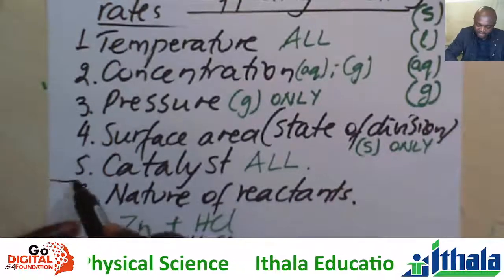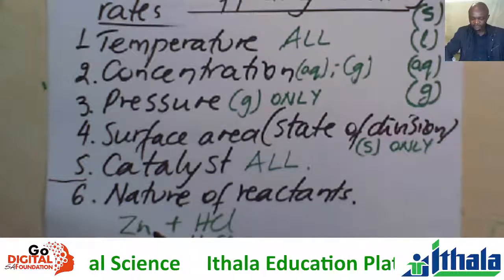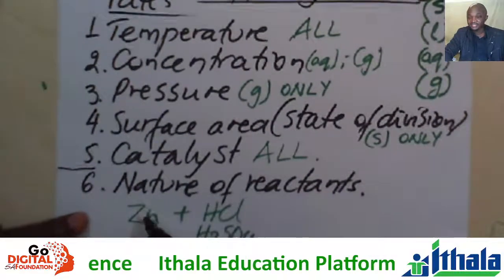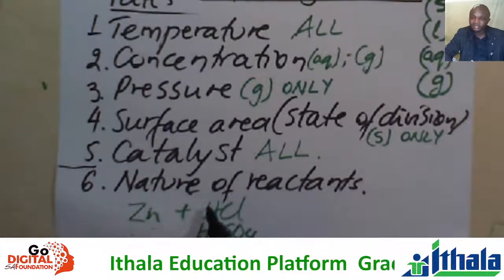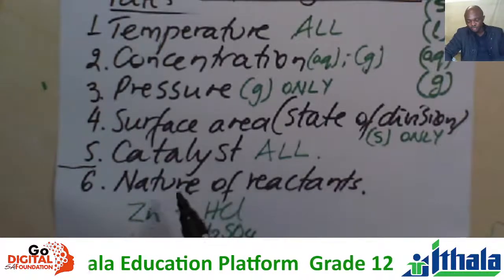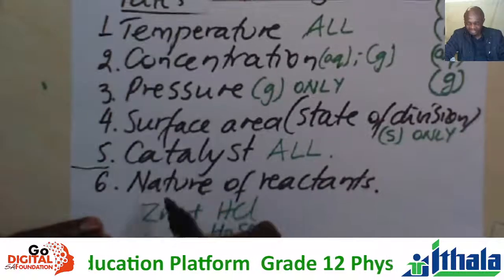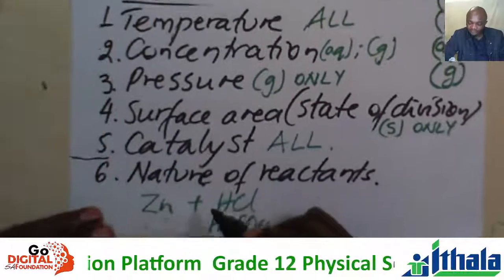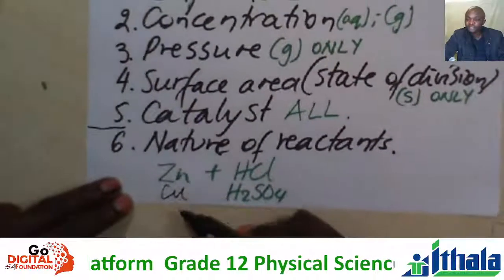I stop here because I said something about nature. I cannot say an increase in the nature or an increase in the zinc. I don't know what you would do to zinc. It's just zinc, right? So I cannot change that nature in its reactivity, right? So I spoke about the other one, which is why I stop at number 5, the catalyst. But in nature, I hope you understood that zinc and copper, for example, which one is more reactive?